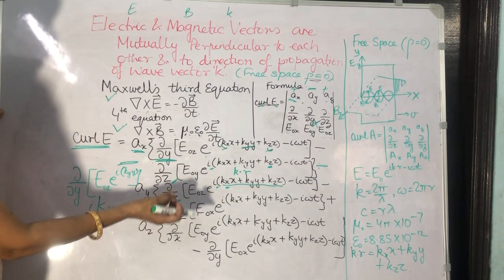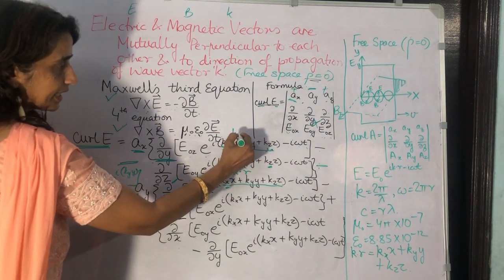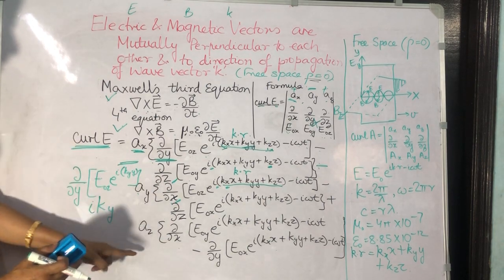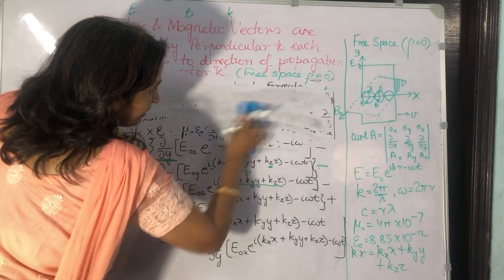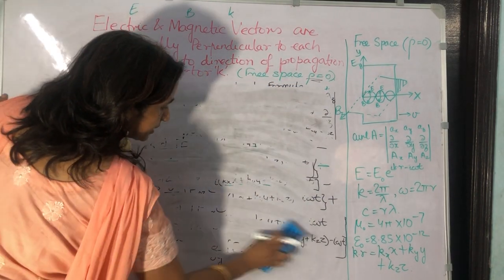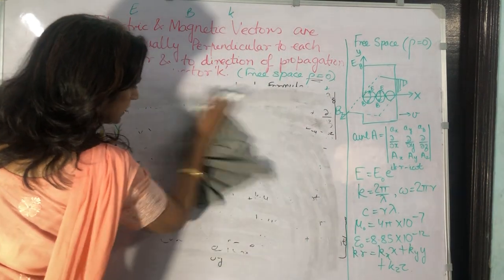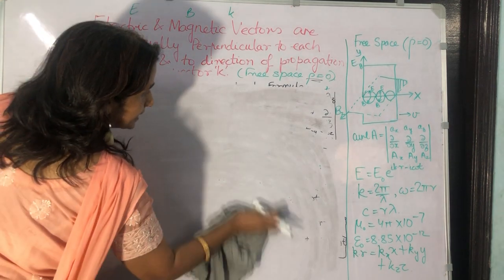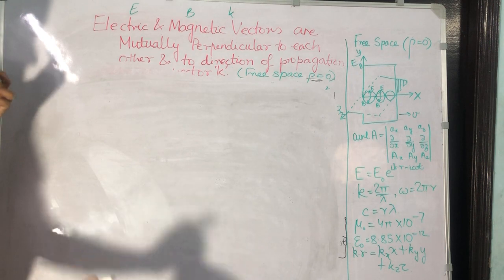So now we will differentiate and write this expression. We will make it look a bit simpler by putting this as k dot r. When we differentiate the expression, it comes out in a very simple form like this.